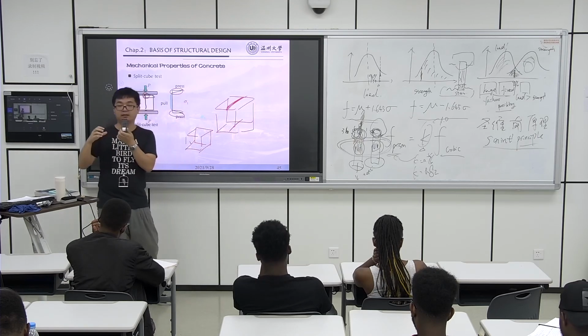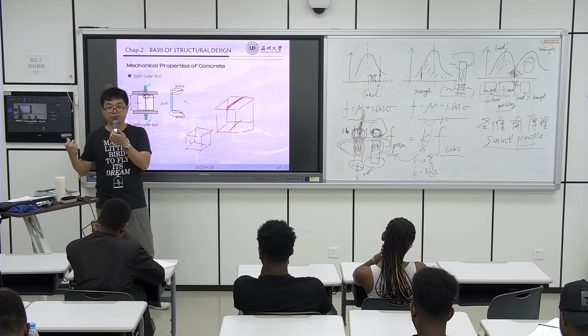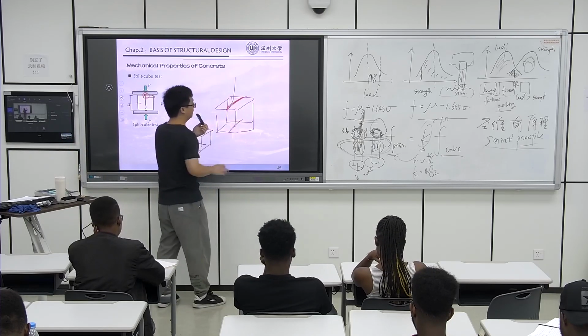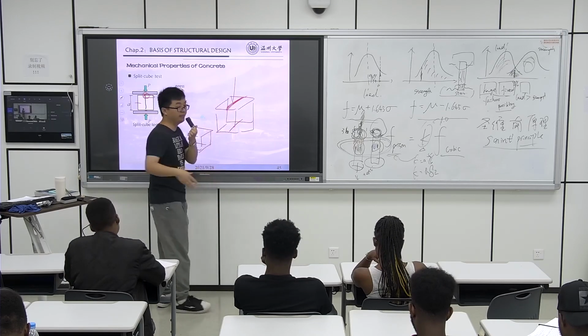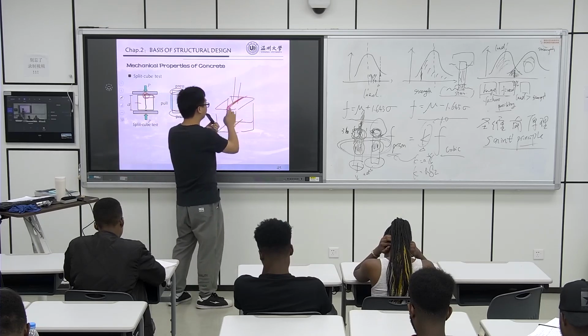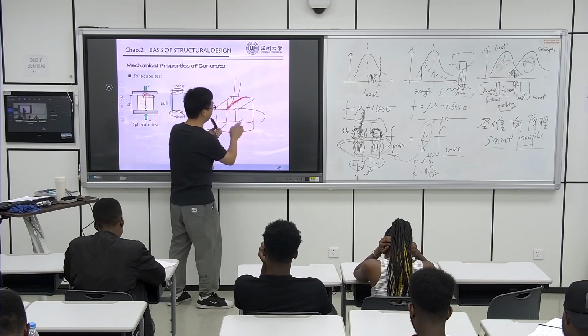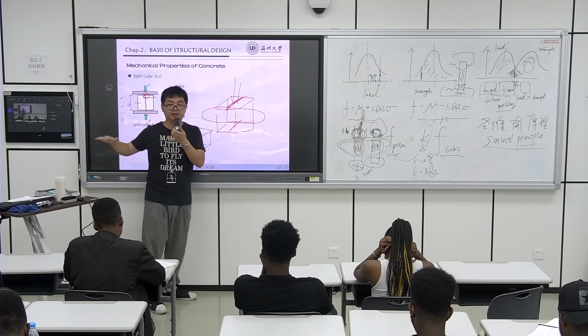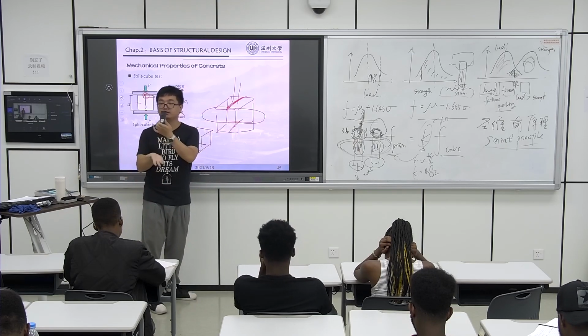Just like soil, you can imagine soil. You can imagine the cubic is really soft, and if we give the force in here, it will have the transverse deformation under the load.